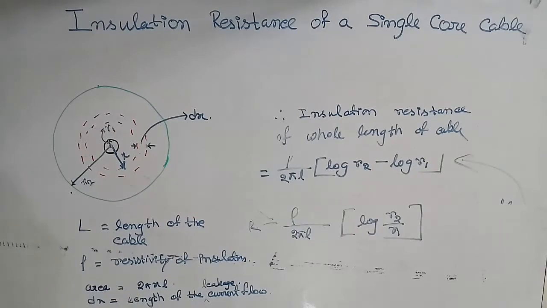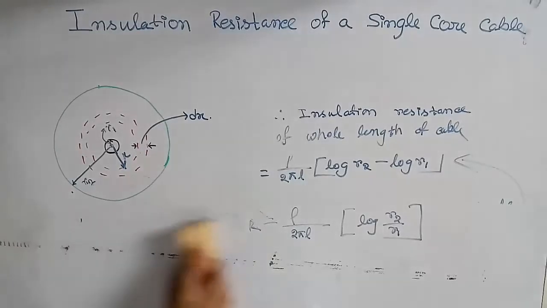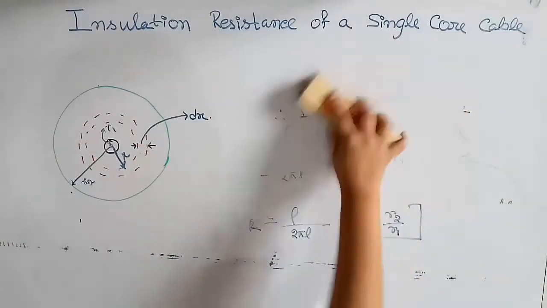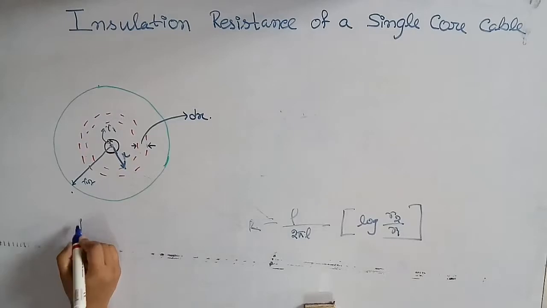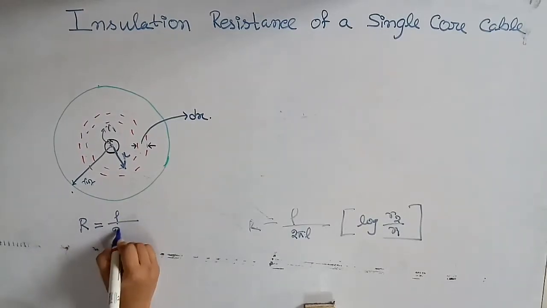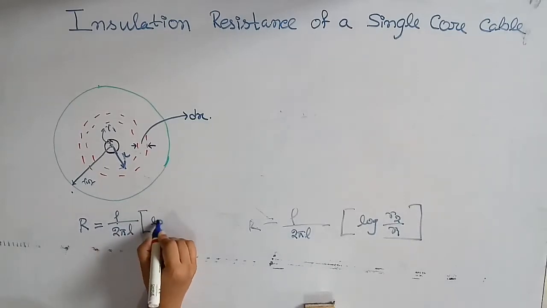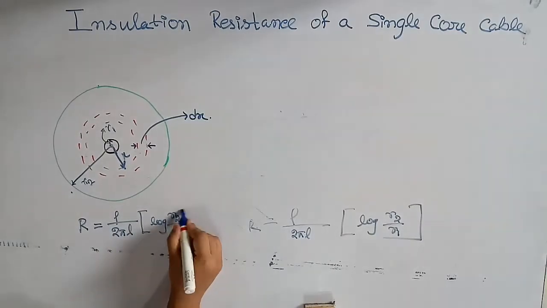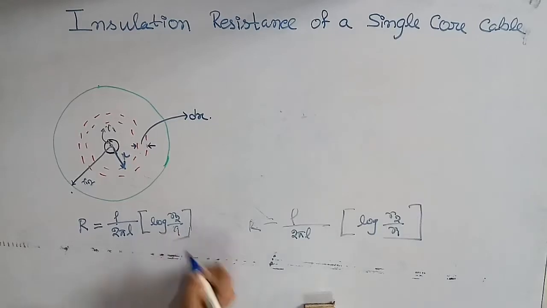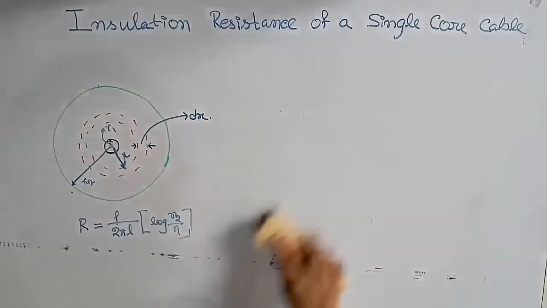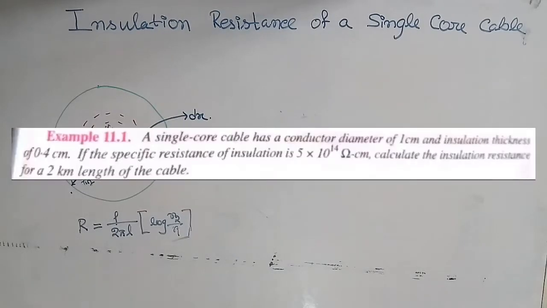Now next we solve a problem. A single core cable has a conductor diameter of 1 cm and insulation thickness of 0.4 cm.